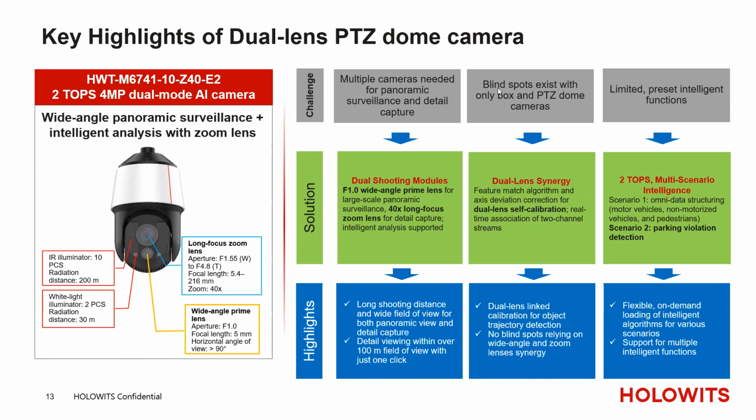Also, the challenge is that blind spots exist with only box and PTZ dome cameras. So our solution is the dual lens synergy. The advantage is dual lens linkage calibration for object trajectory detection, with no blind spots relying on the wide angle and zoom lens synergy. Also the challenge is the limited preset intelligent functions. So this has two tops computing powers with the multiple scenario intelligence. You can set a lot of algorithms in these cameras.